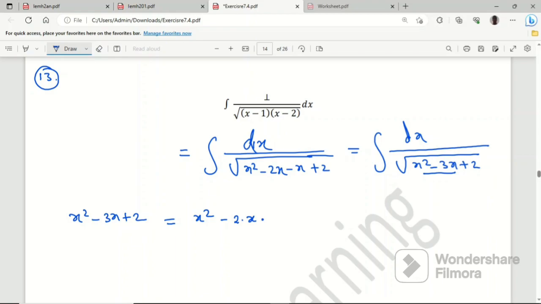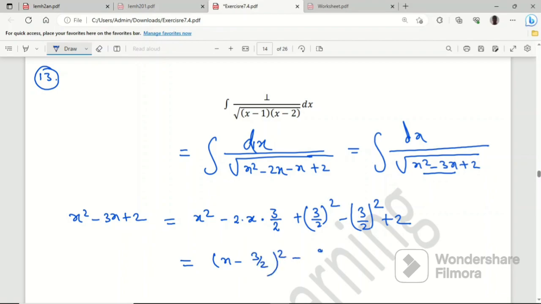So what I will do, I will write 2 here to cancel this, and 3 upon 2 is my b. So I can write (3 upon 2) as b square, minus (3 upon 2) square, since an extra term is there, so I need to subtract also, plus 2. So I can write (x minus 3 upon 2) whole square minus 9 upon 4 plus 2.